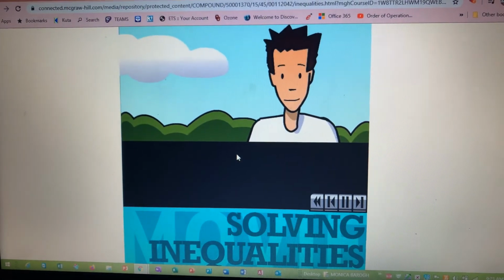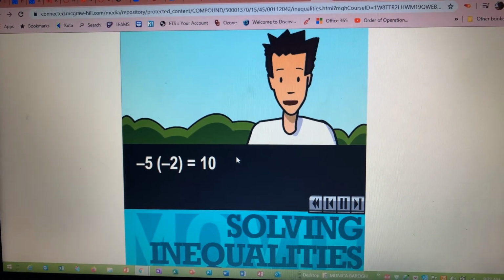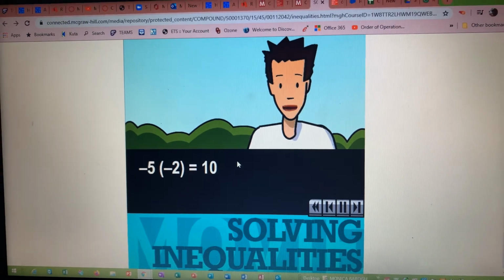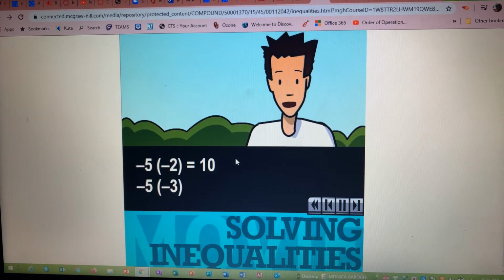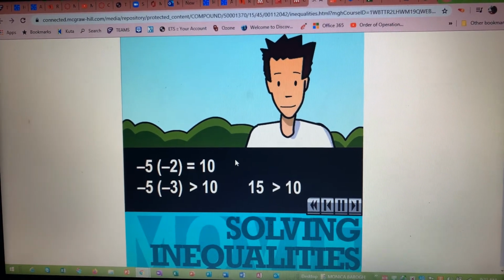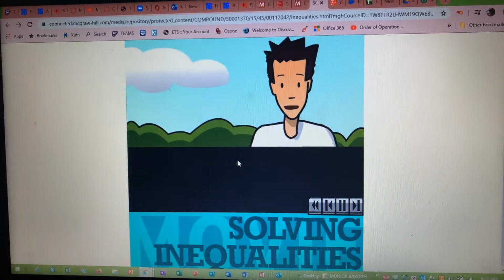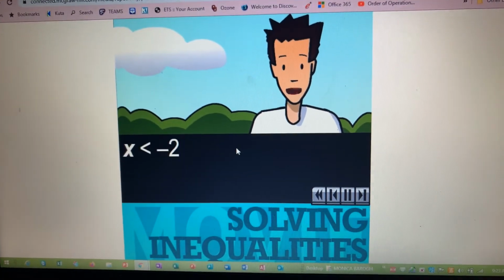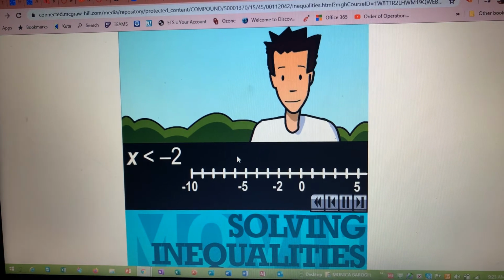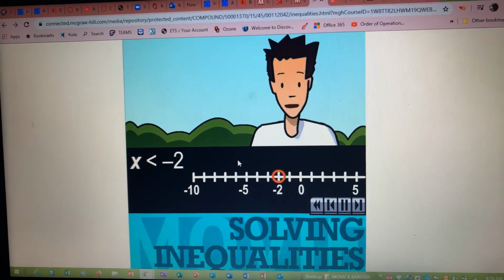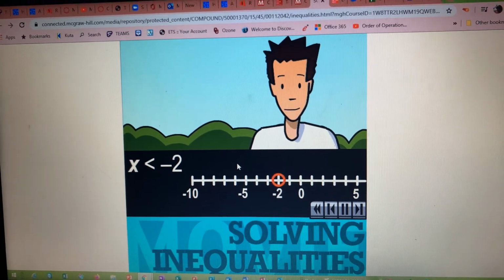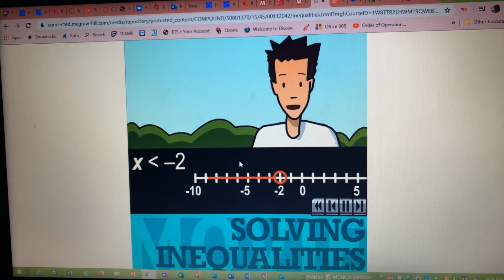That makes sense. Negative 5 times negative 2 equals 10, so any number less than negative 2, like negative 3 times negative 5, should equal more than 10. Now, say we need to graph that solution, x is less than negative 2, on a number line. X can't be equal to negative 2, so we make an open circle around the negative 2 mark. And x is any number less than negative 2.